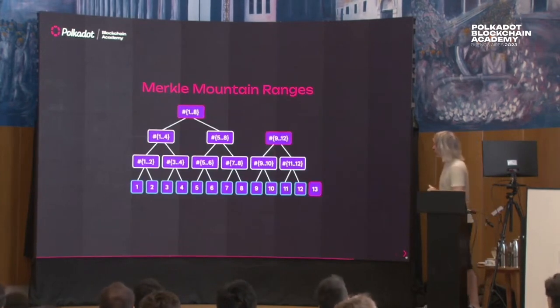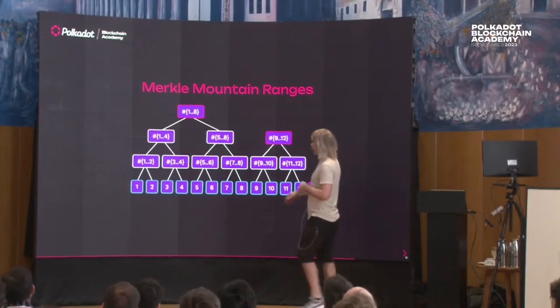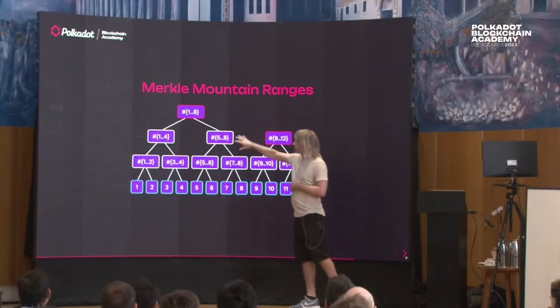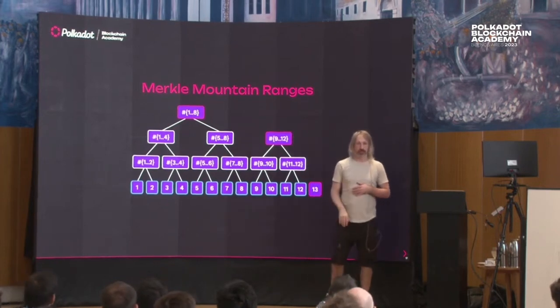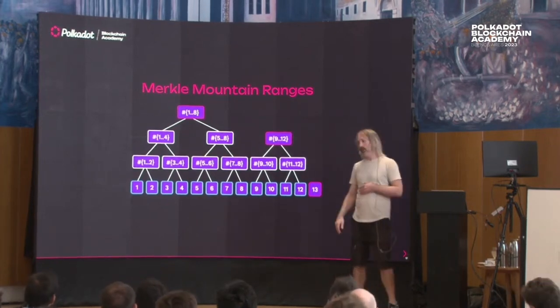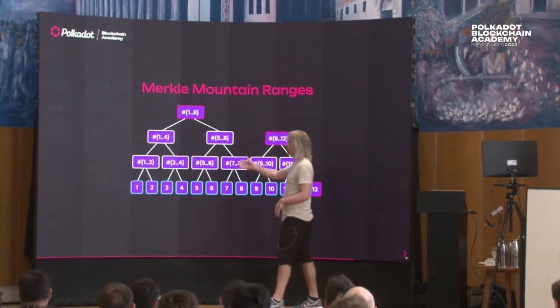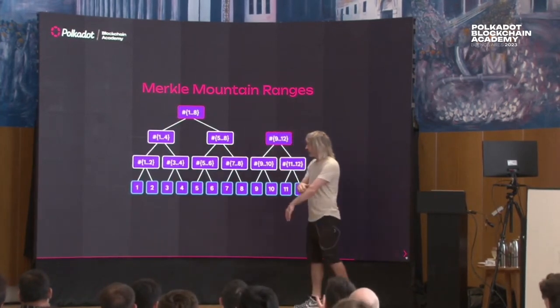Okay, here's an example of a Merkle mountain range. If you look at it, it's 3 Merkle trees. You will always have some limited number of Merkle trees, ideally just one.